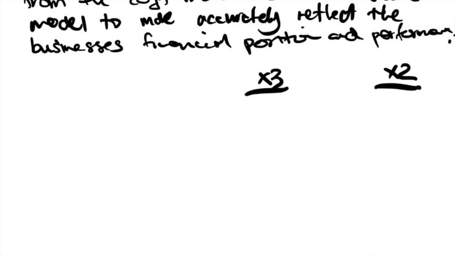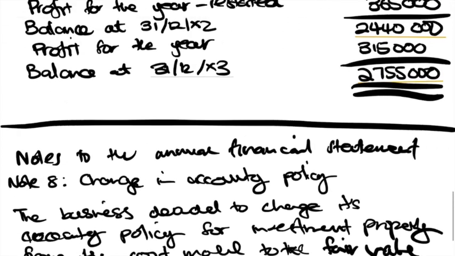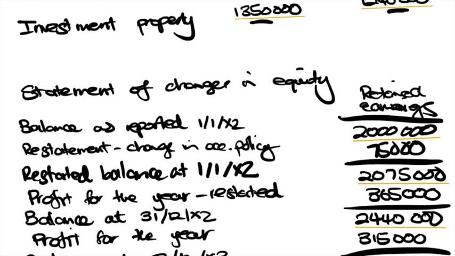The first thing we know is that our opening retained earnings had changed. Opening retained earnings actually increased. So we can say there was an increase in opening retained earnings. If we go up to our statement of changes in equity, we can see that in the prior year, the increase was this 75,000.